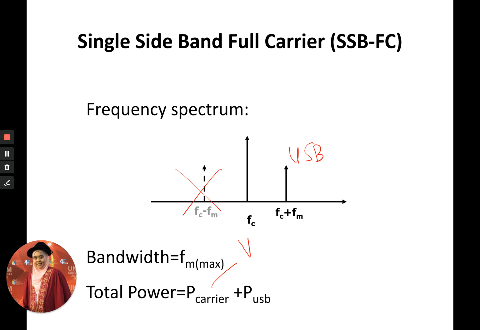For this one, you take the amplitude of the carrier squared divided by R, and for the sideband you use the modulation index squared times the carrier power divided by 4R. So if you calculate the total power of this single sideband system, you will get lower power compared to double sideband with the same full carrier system.